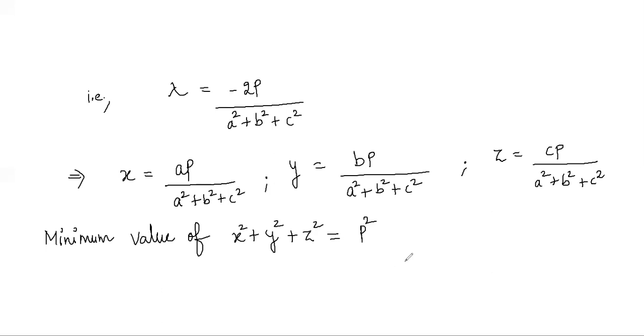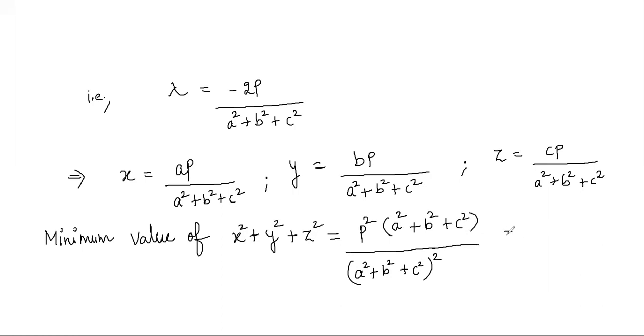We can take p square common because it is present in all three, x square, y square, z square, and we can take the denominator common as well because it is the same, and we will be left with a square plus b square plus c square.